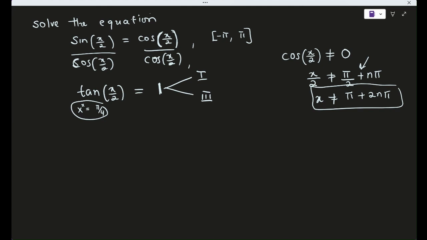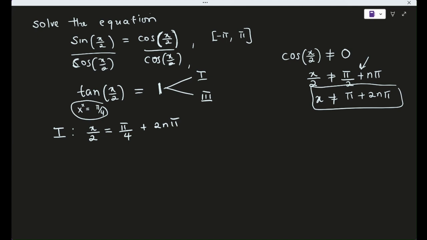Let me call this my x star. So x star is an angle in the first quadrant whose tan will give us 1. So if we are in the first quadrant, we are fine. It means this x over 2 is just going to be this pi over 4, then I can add 2n pi, no problem.